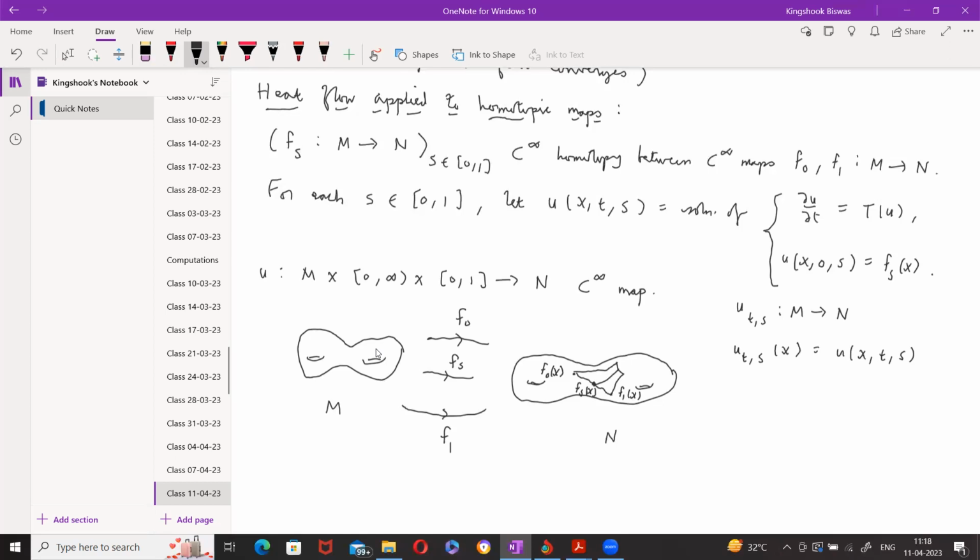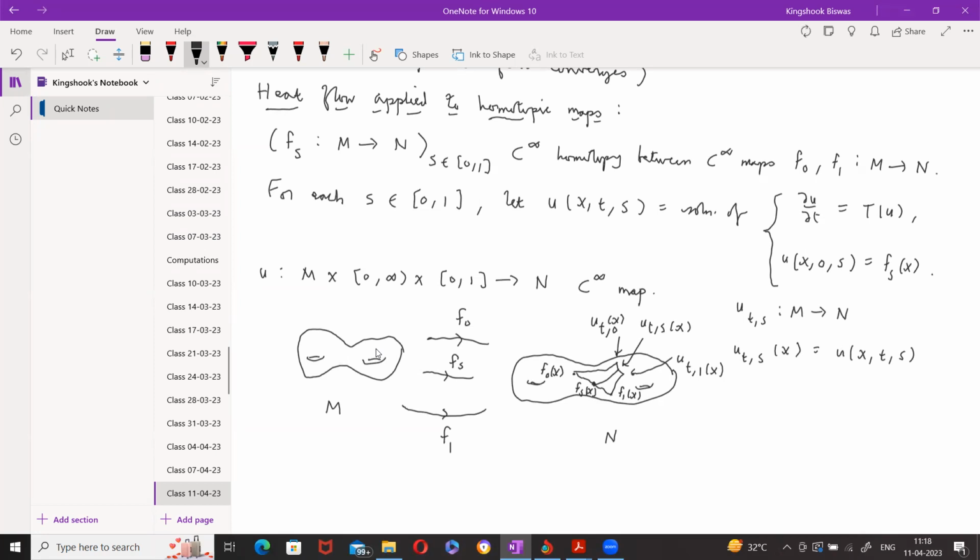So then these points here will be U sub t0, this will be U sub ts, and this point here will be U sub t1, of x. Is the picture clear what we're doing?